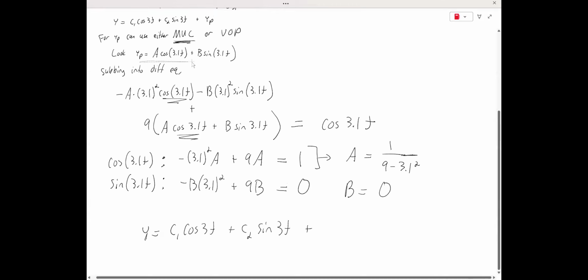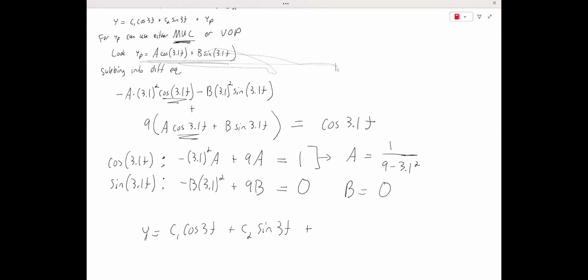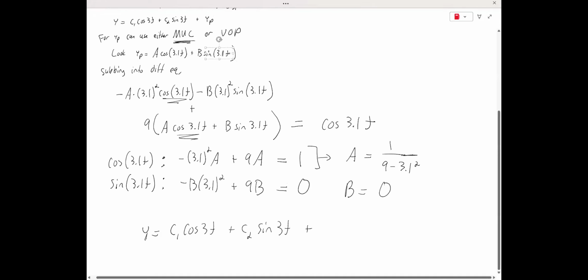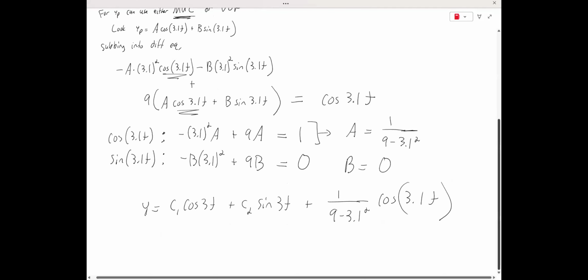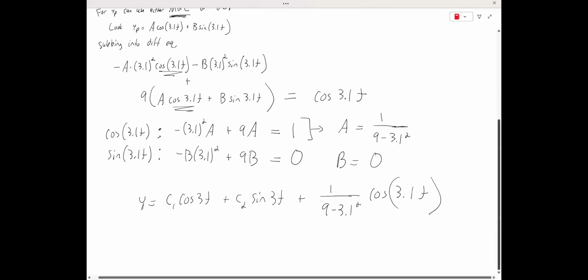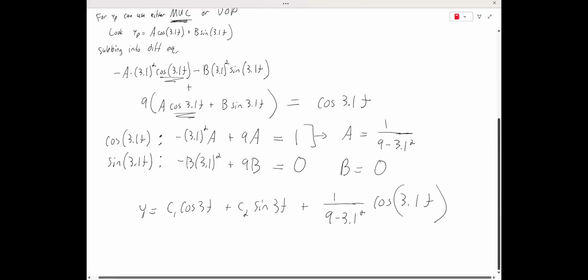We found the b was 0, and the a was this number, 1 over 9 minus 3.1 squared, times cosine 3.1t. That would be the general solution before you do the initial conditions.